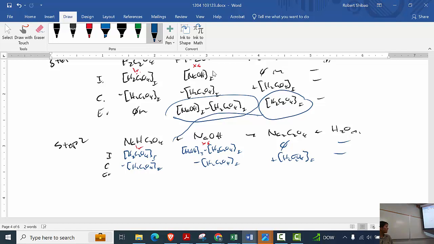So at the end of this step 2, we should have no more sodium hydrogen oxalate or sodium bioxalate.